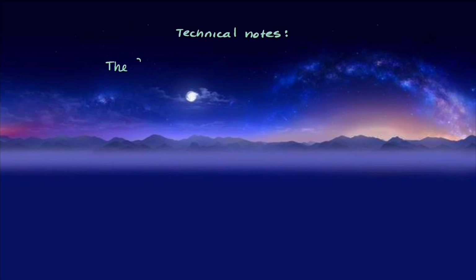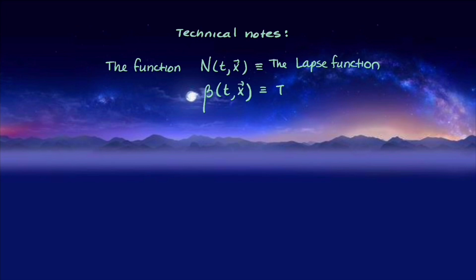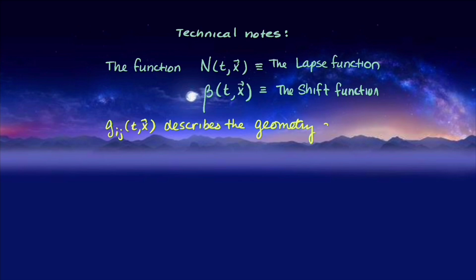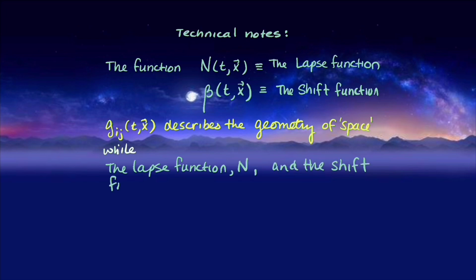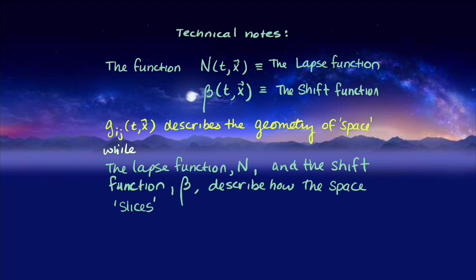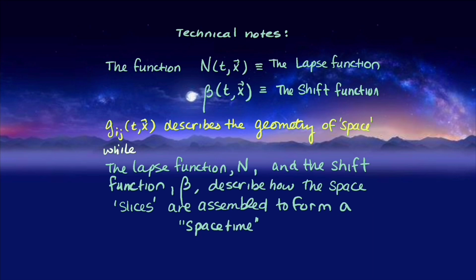Some technical notes. The function N of x is the lapse function, and the beta is called the shift function. The metric tensor describes the geometry of space, while the lapse function and the shift function describe how the space slices are assembled to form a space-time.